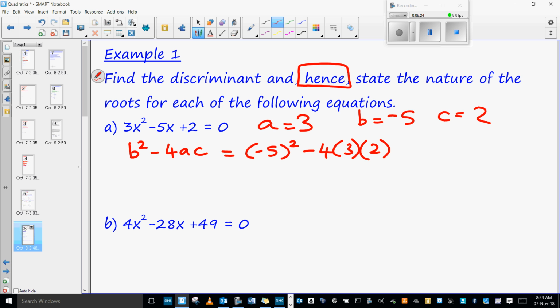Negative 5 squared is 25, and 4 multiplied by 3 multiplied by 2 is 24. So that's 1. So b squared minus 4ac is 1. Is that greater than 0, equal to 0, or less than 0? Greater than 0. So therefore, two what? Distinct real roots.